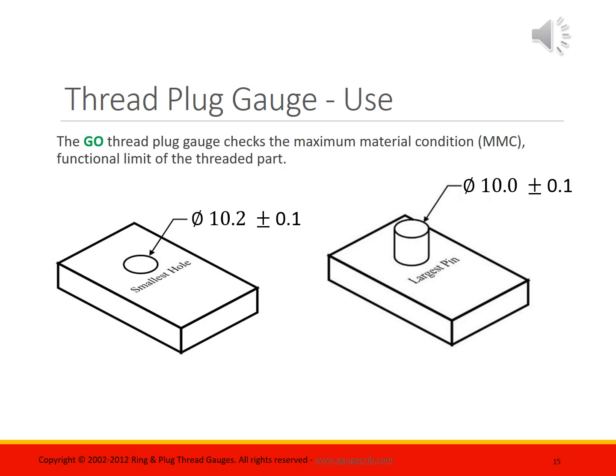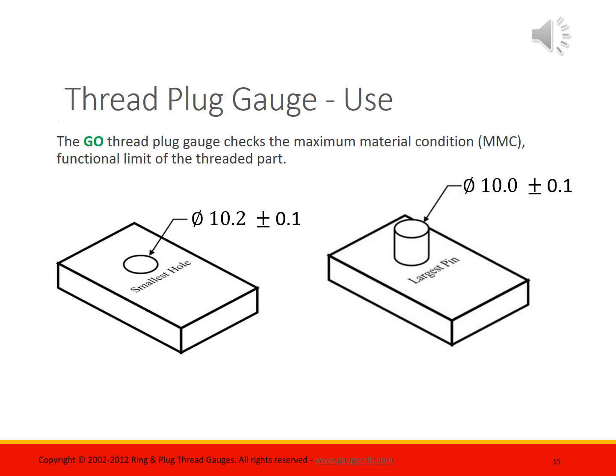Conversely, MMC for a pin is the largest pin, which in this case is nominal 10.0 plus 0.1, which is a 10.1 pin. MMC, max material condition, checks to make sure the largest toleranced pin will always fit the smallest toleranced hole.